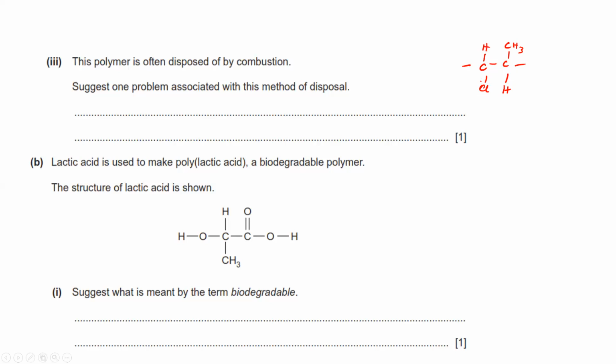So combustion will result in the release of poisonous emissions. We can write: the emission of poisonous gases or fumes because of chlorine is one of the problems associated with the disposal of this polymer by combustion.